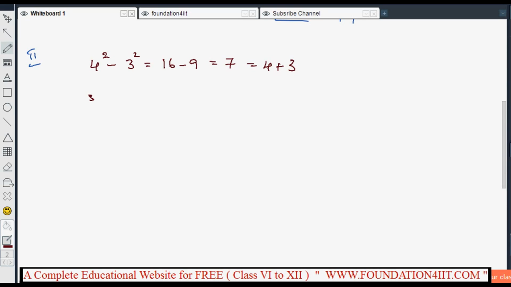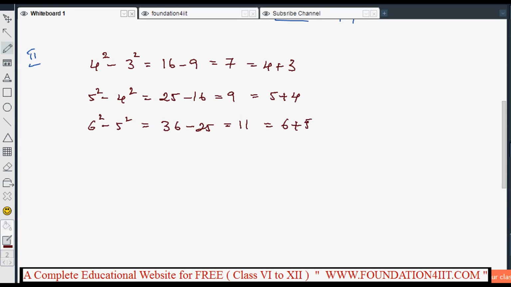Then 5 square minus 4 square is 25 minus 16, equal to 9, which is again 5 plus 4. Similarly, 6 square minus 5 square is 36 minus 25, which is 11, and 11 is 6 plus 5.